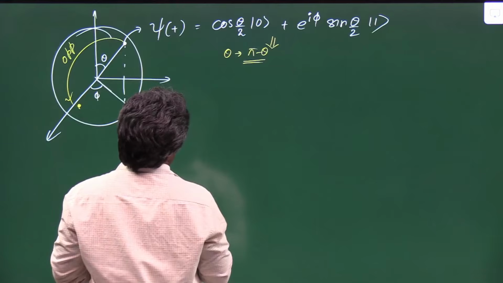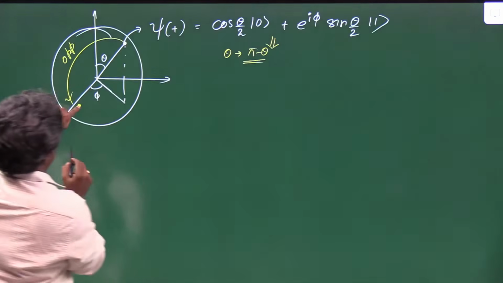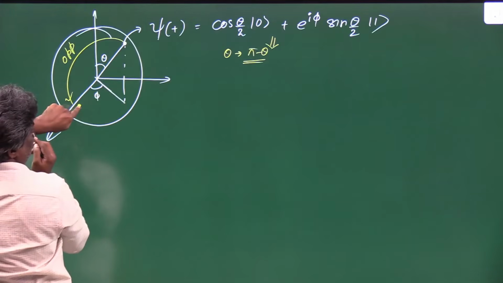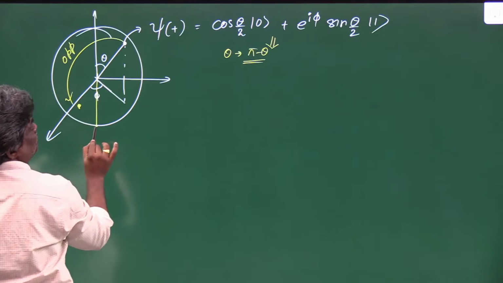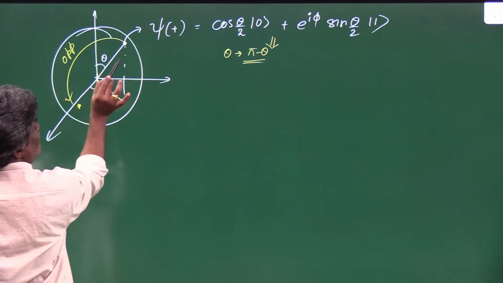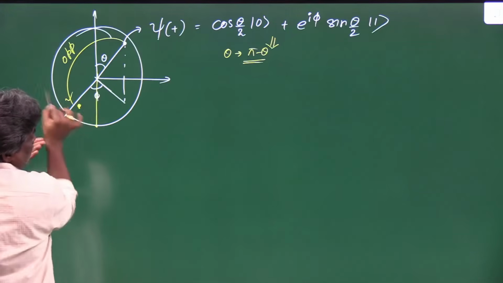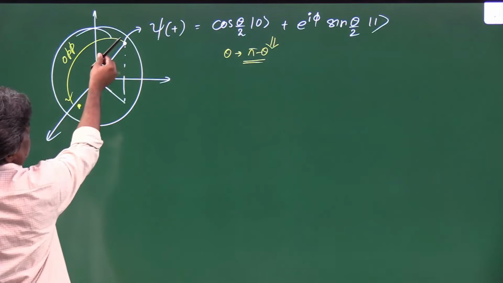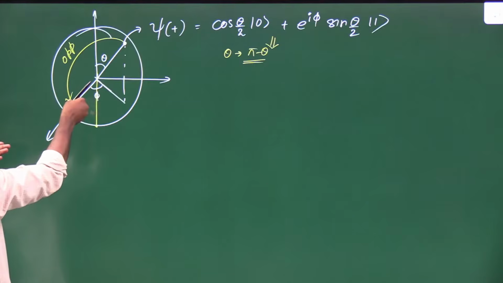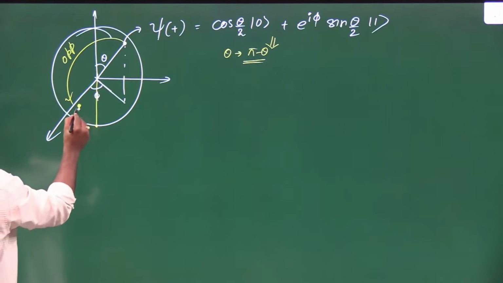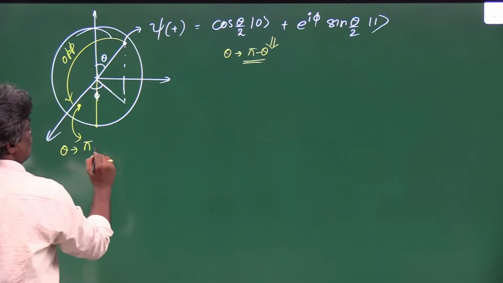I want this exactly opposite point. What is the exact opposite point to Z? This one. But I want this side theta, that's why I have to go this side. Then I have to subtract theta, no? You are adding theta here, so I want to get back, that means I have to subtract theta. So this point is obtained from theta replaced with pi minus theta.